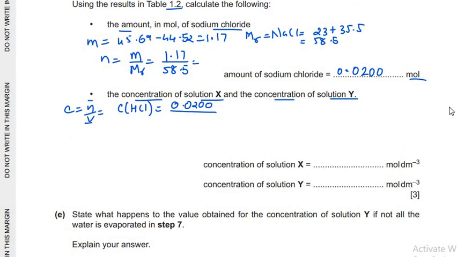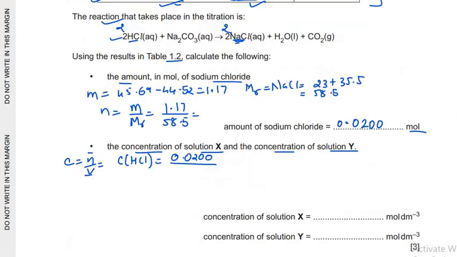But 13.50 has to be divided by 1000 to change it into dm cubed, and here the answer is equal to 1.48. So that is the concentration in moles per dm cubed for solution X. So we can write here 1.48 moles per dm cubed.